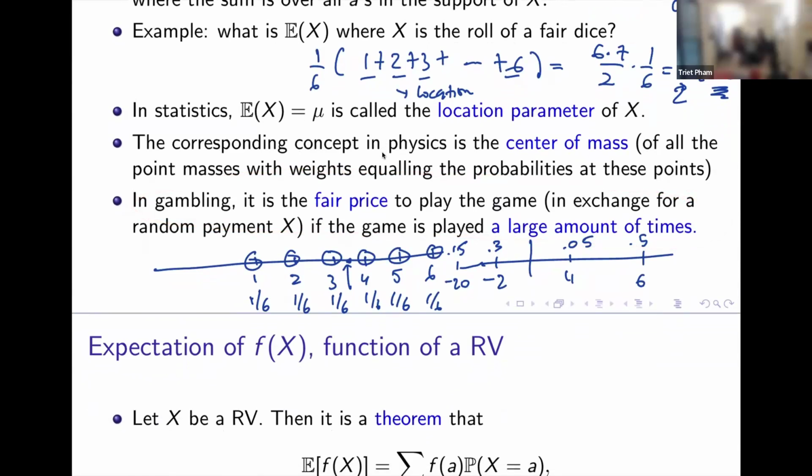And this is actually the principle behind casino gambling. If you go to any casino game, you can be sure that the expectation of the game you play, meaning the payout you get, is slightly negative. Slightly. How much? Who knows? It changes from game to game.